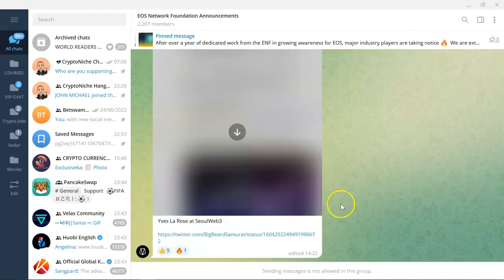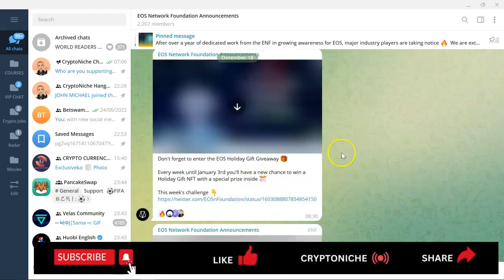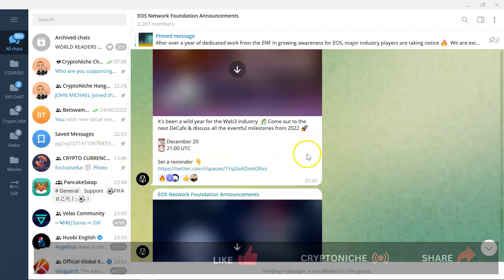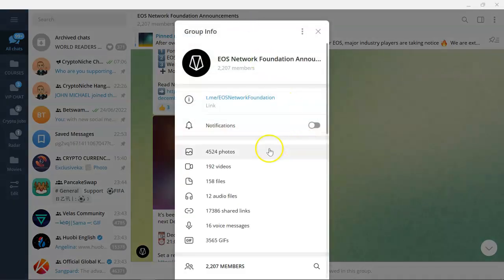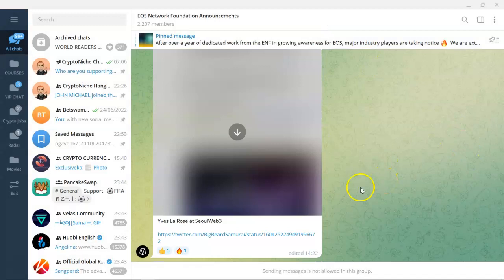They are trying to resuscitate the project, to breathe life into it, because EOS is no longer supported by Block One. They had a fallout, and the new leaders, the new CEO, CTO, and all that, have been trying to bring this back to life. So there will be a lot of updates. You can also join their group, EOS Network Foundation, and keep tabs on the latest information about them.